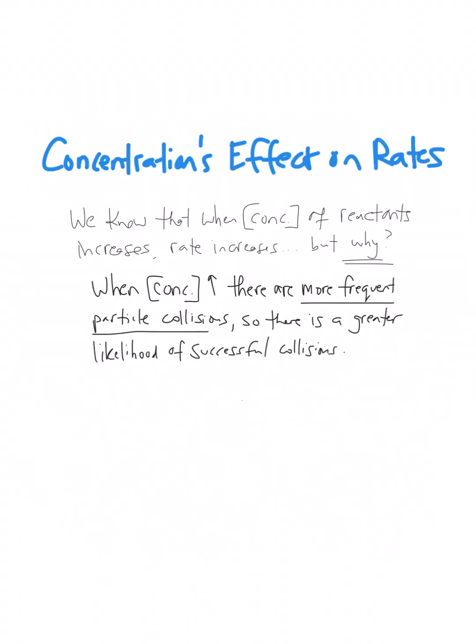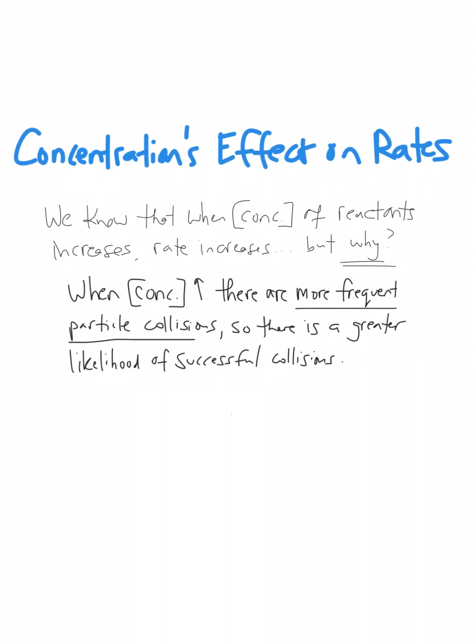So understanding that reactions are all about collisions, we can then take a deeper dive into explaining some of the factors which we know can increase rate of reaction, and one of them is concentration. We know that if we increase the concentration of the reactants, the rate of reaction increases. But why is that? Well, now with collision theory, we can explain that.